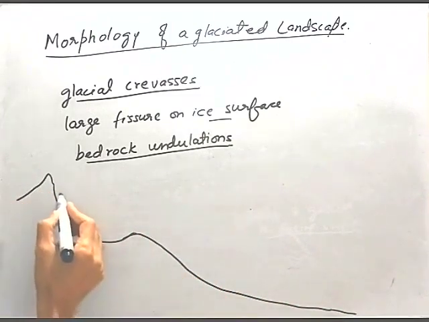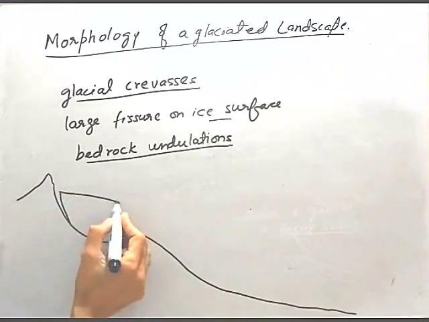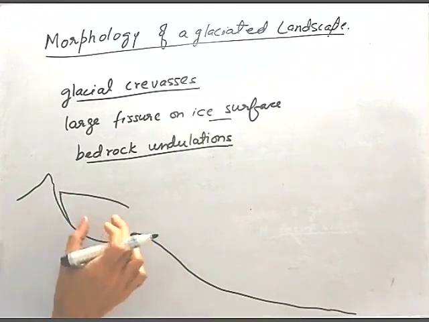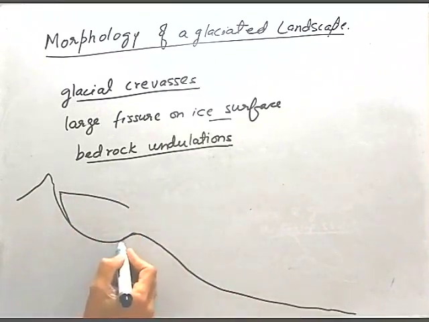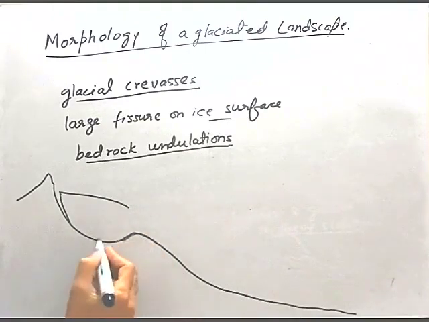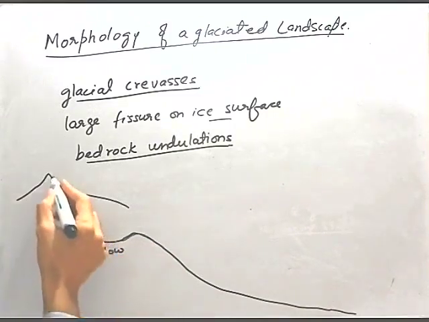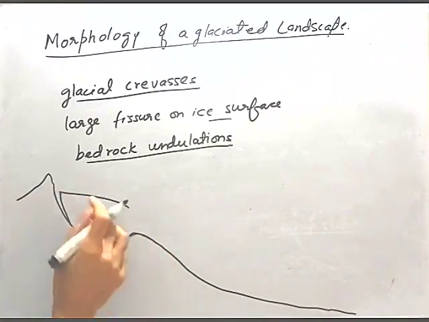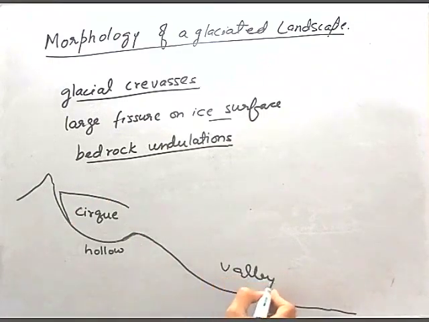Here we have the glacial peak, here we have the cirque glacier, and at the point where the cirque glacier joins the valley glacier, there is a protrusion in the bedrock. So there is a hollow at this location. This is the armchair-shaped hollow, and this is a cirque glacier, and here you have the valley glacier.